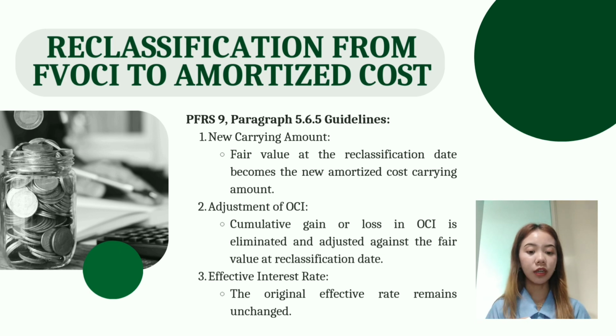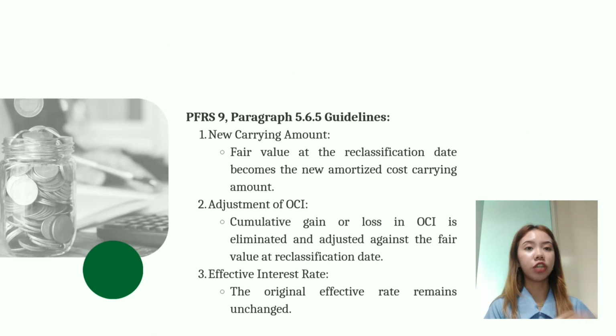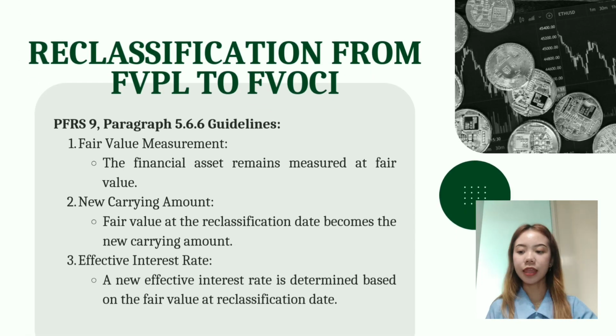So as a result, the investment is reverted back to the amortized cost measurement. And lastly, the original effective interest rate also is not adjusted. So, kani siyang adjustment ensures that the financial asset aligns with the new measurement objective, katong collecting cash flows rather than fair value changes. Next, we have the reclassification from FVPL to FVOCI.